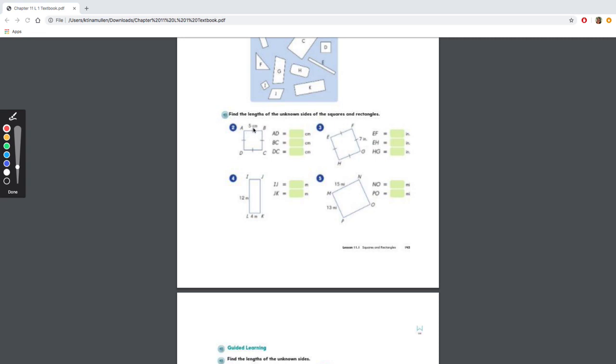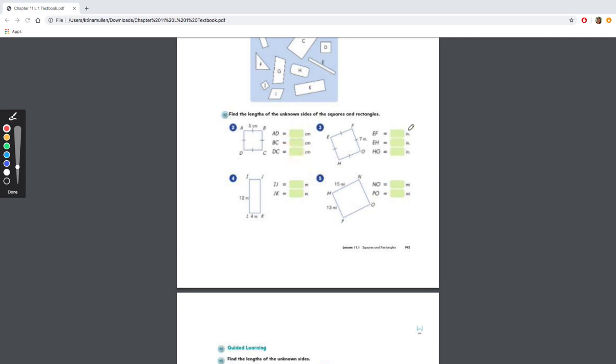So if this side is 5 centimeters, that means all the sides are 5 centimeters. So side AB is 5, so side AD is going to be 5. Side BC is going to be 5, and side DC is going to be 5.